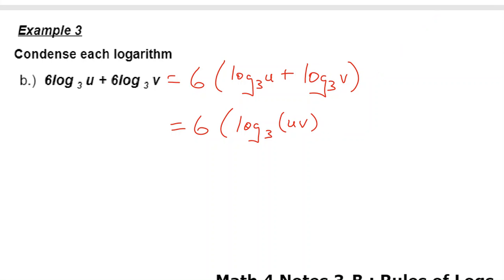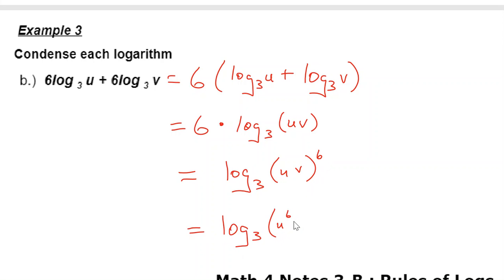Well, I guess I really don't need that outside parenthesis anymore, do I? Now, at this point, I can move that like that, and I can even do this to it.